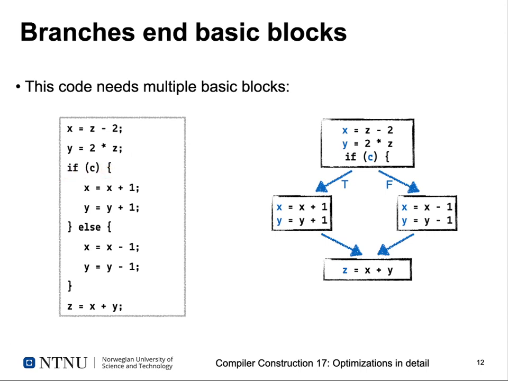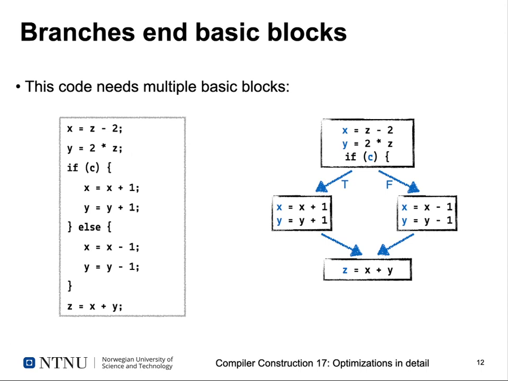Depending on the condition, the control flow either goes through our then part, if C was true, or through our else part, whenever C up here is false. Afterwards, both control flows convene again in the instruction after the end of our if then else statement. So which basic blocks is this code made of now?